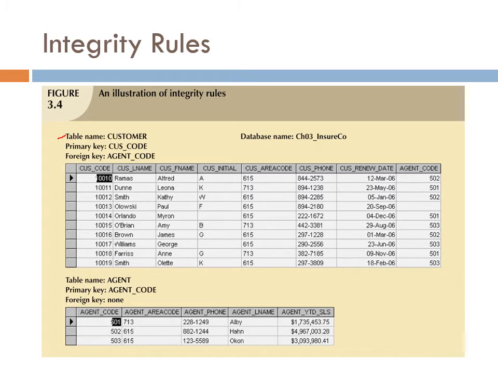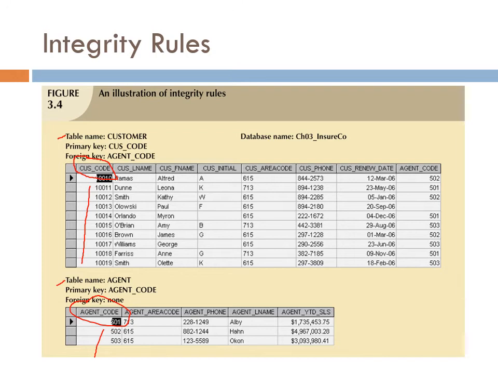The customer table's primary key is customer code, so the customer primary key column has no null entry, and all entries are unique. Similarly with the agent table, the primary key is agent code, and no null value. This is what we call entity integrity.